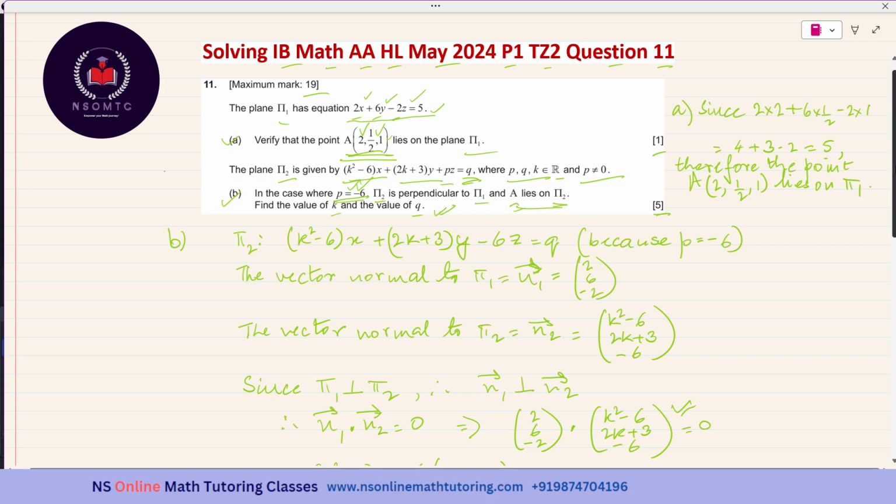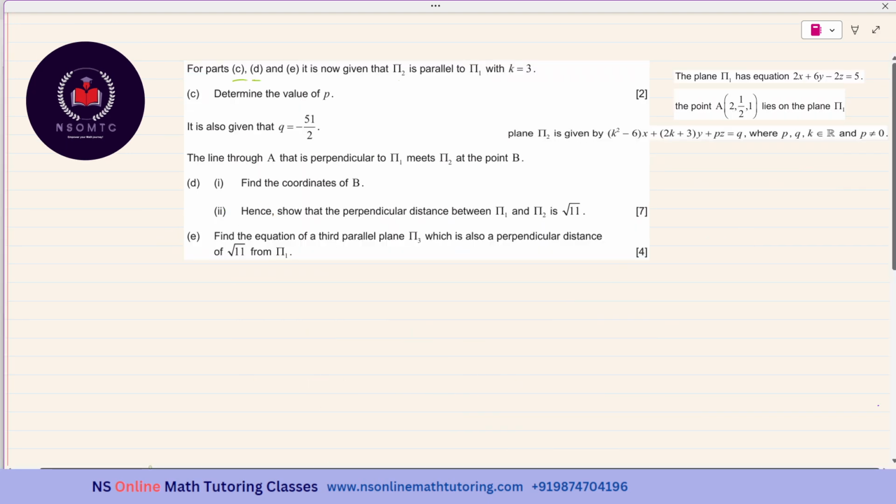Okay. For part C, D and E, it is now given that pi 2 is parallel to pi 1 and k is equal to 3. So part C's question is determine the value of p. p is now unknown. Okay. So again, let me write the equation of the plane pi 2.